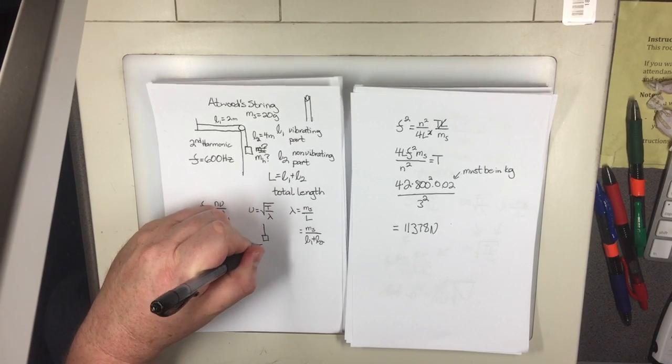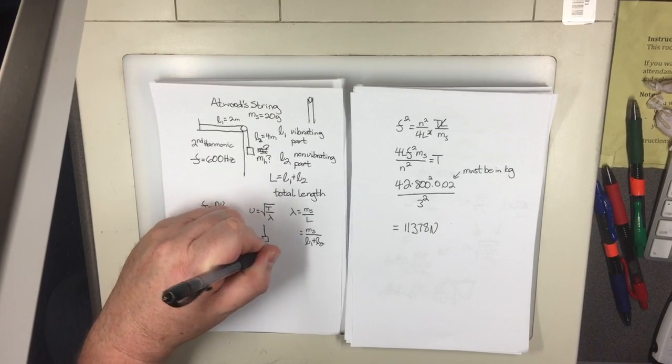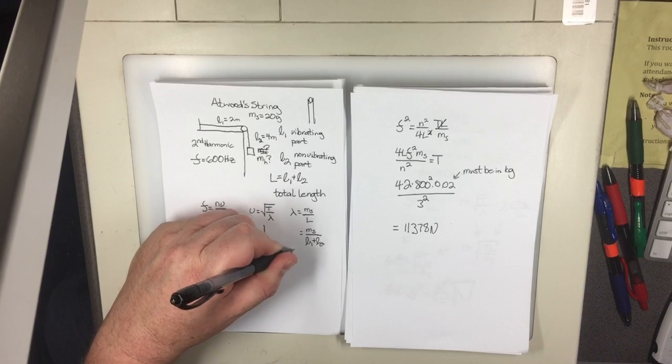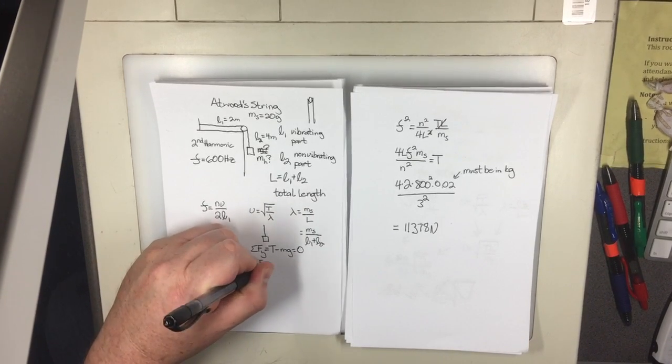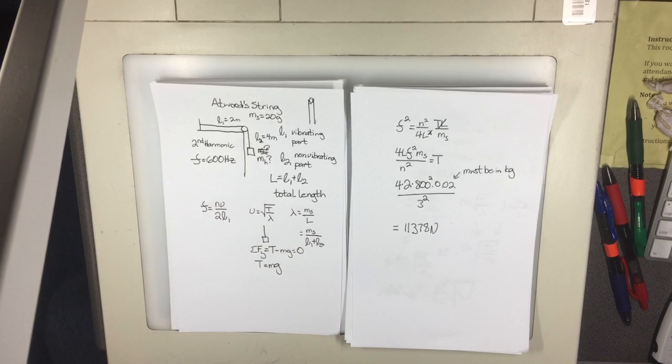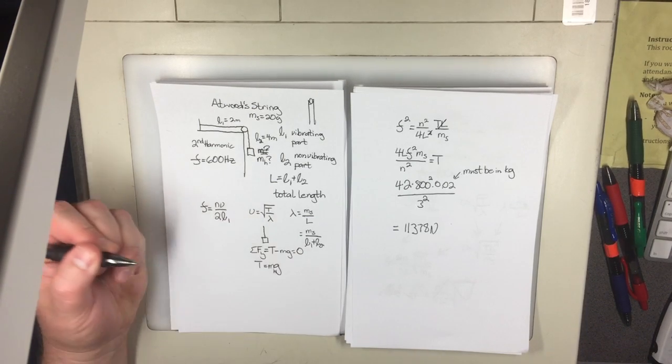You can use this to show that the tension in the string is mg. And this is the hanging mass, not the mass of the string.